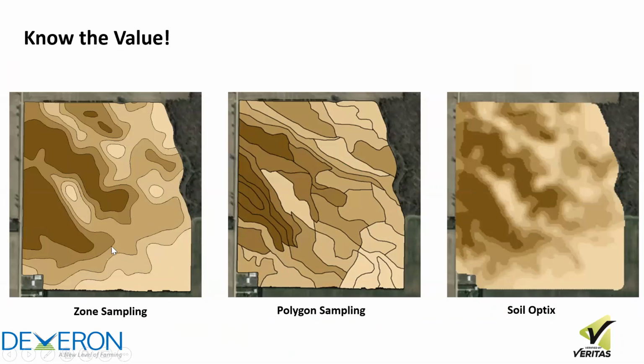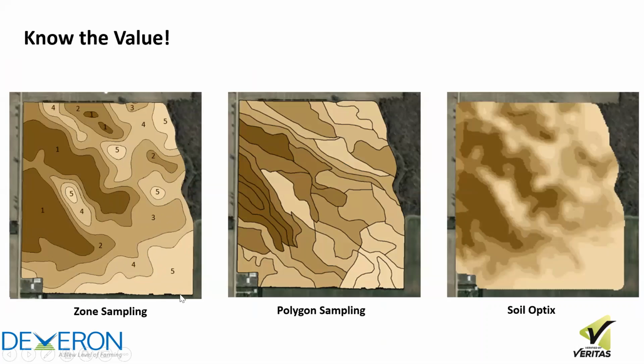So if we're purchasing true zone sampling, this could be a satellite image, it could be a yield map, it could be a bare ground image, and we're using a GIS software to contour that points. And by contour, I mean group like areas and give us a map.